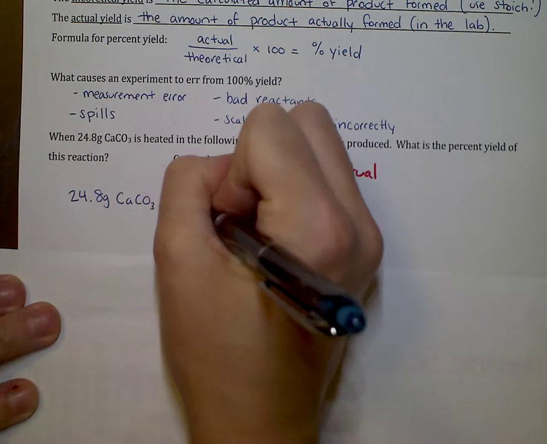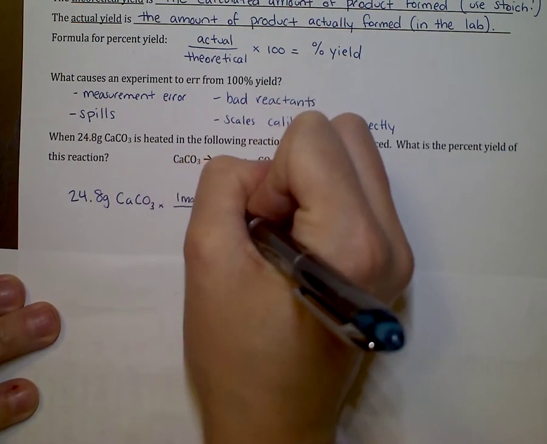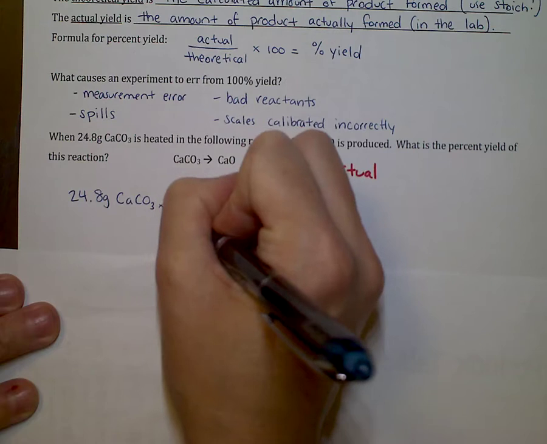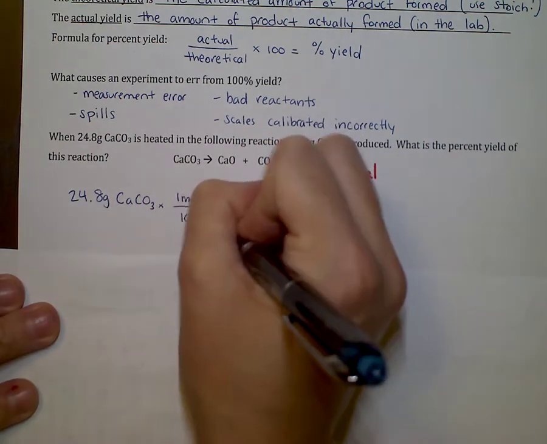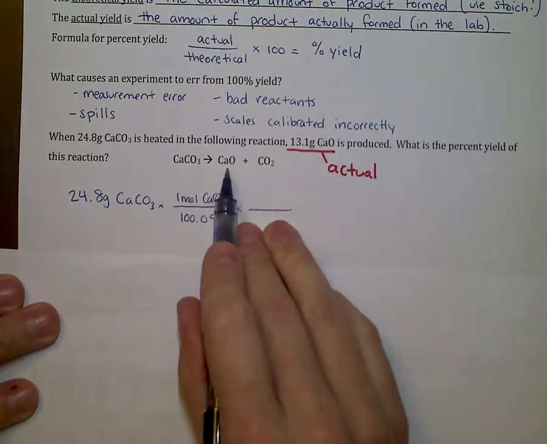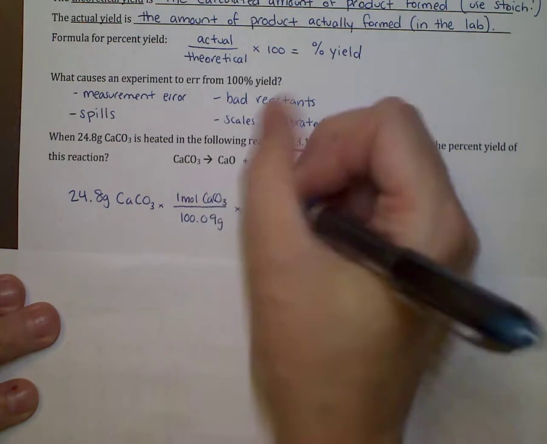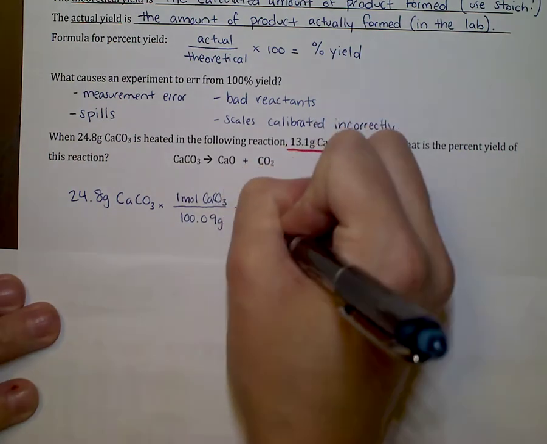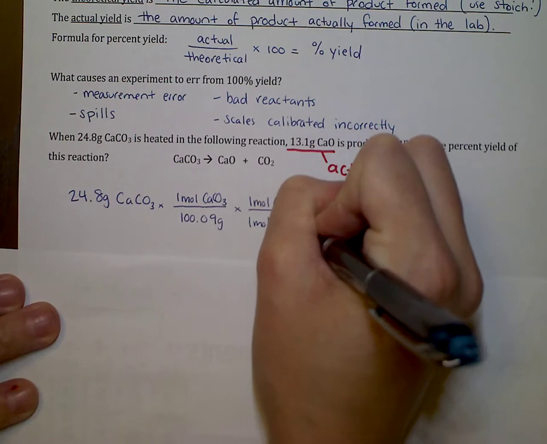That's 1 mole of CaCO3, which has a molar mass of 100.09 grams. Again, we're solving for the calcium oxide. That's a 1-to-1 ratio, so 1 mole of calcium oxide for 1 mole of calcium carbonate.